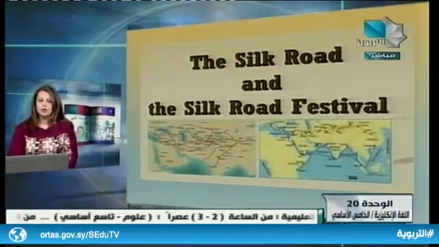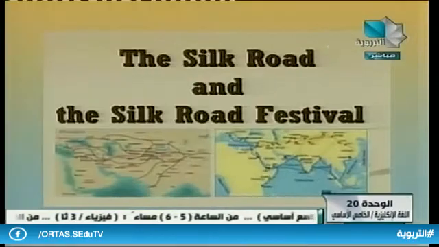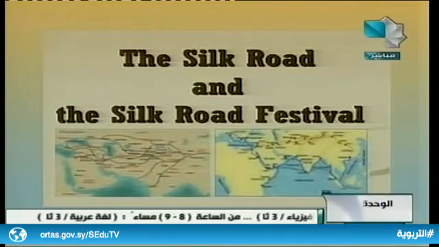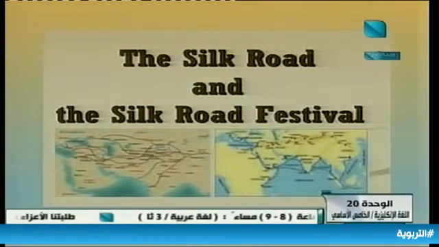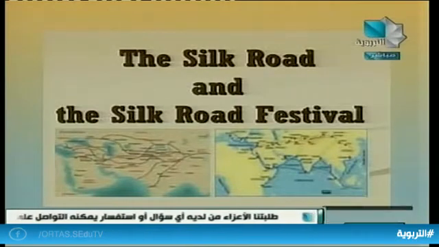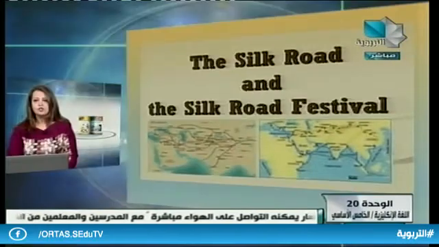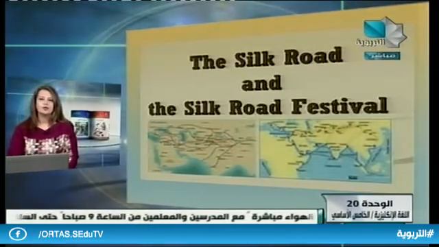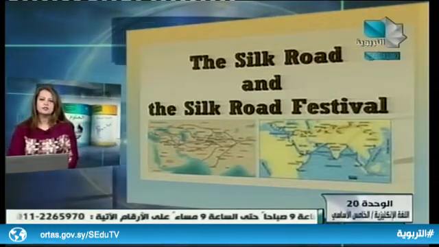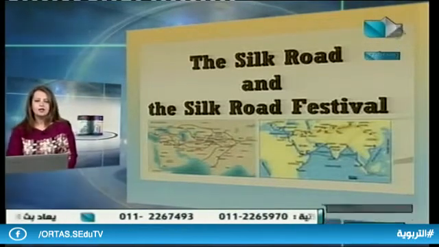The Silk Road was a very long road that people crossed from west to east and back to bring food, medicine, and clothes from India and China to Europe. So it joined Europe in the west to China and India in Asia in the east.